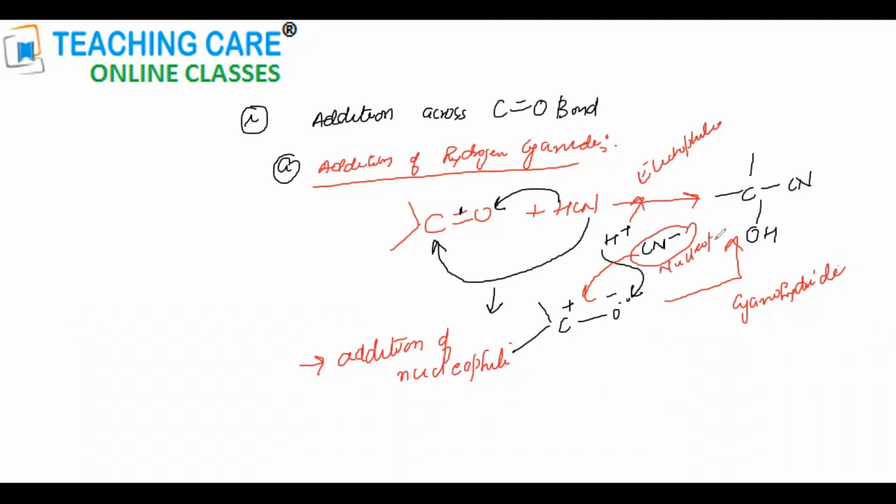But out of these, the rate of attack of this nucleophile is the slowest. That is why the reaction proceeds with it. The slowest step of the reaction defines the rate of reaction.